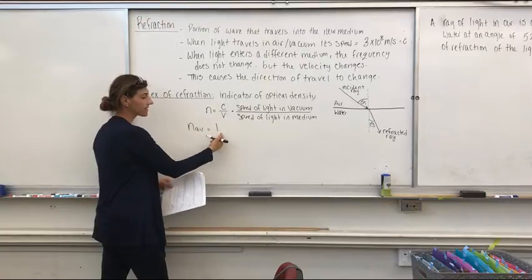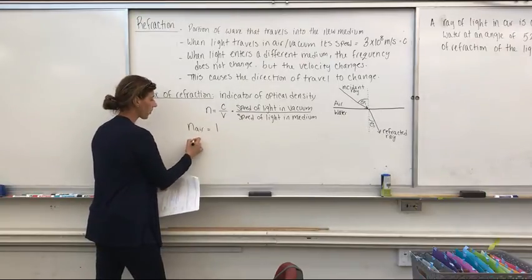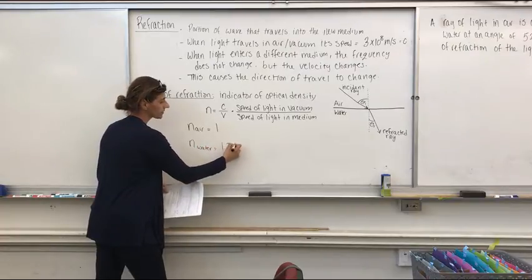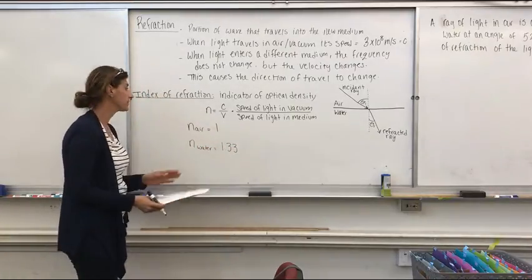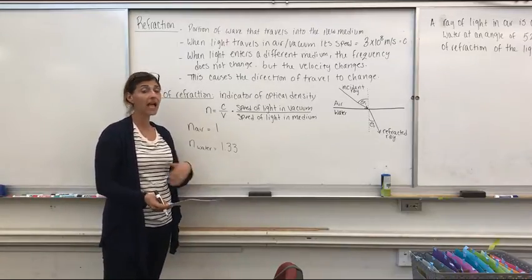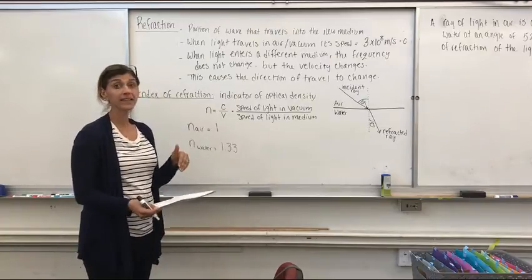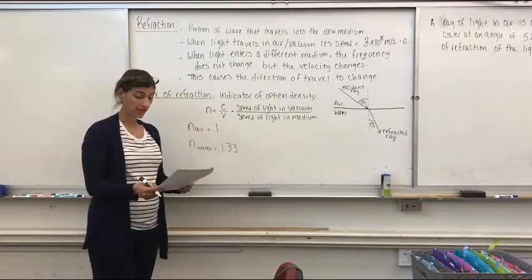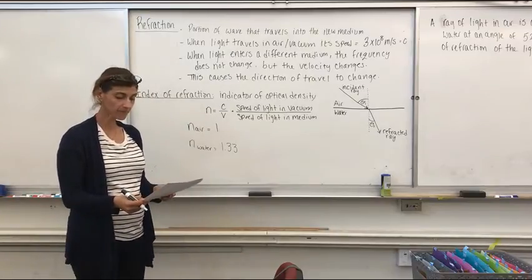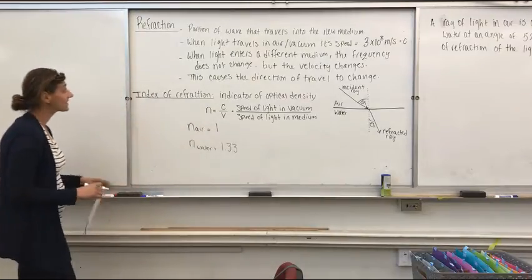So the n for air is 1, and the n for water is 1.33. Sometimes you'll be given them and sometimes you won't. For any other material, you'll be given the index of refraction. All right, so that is refraction.